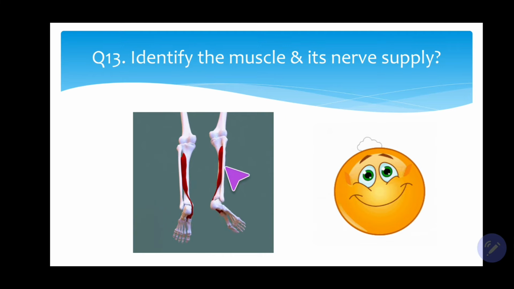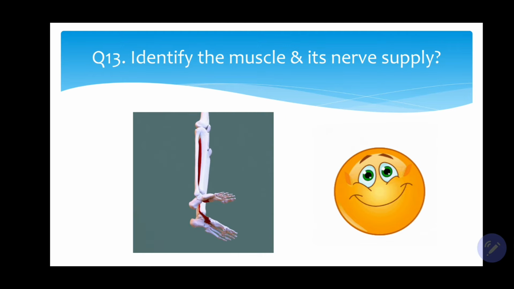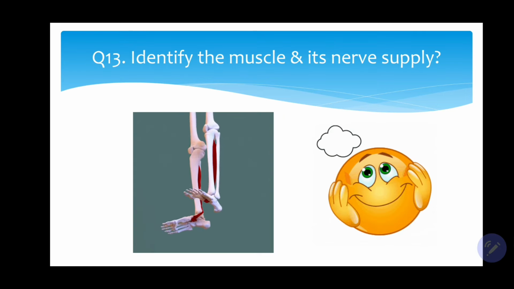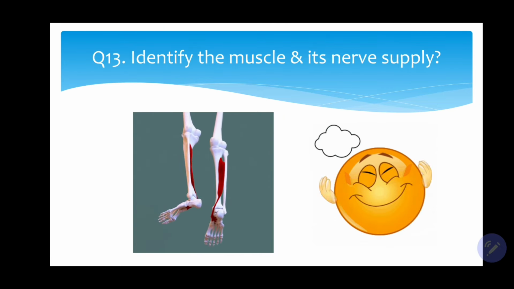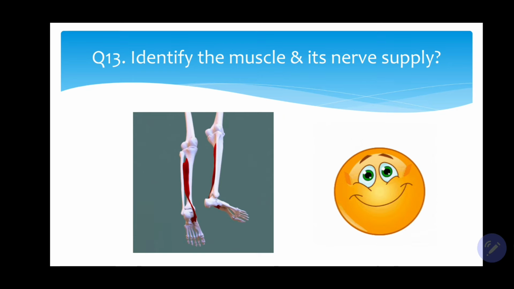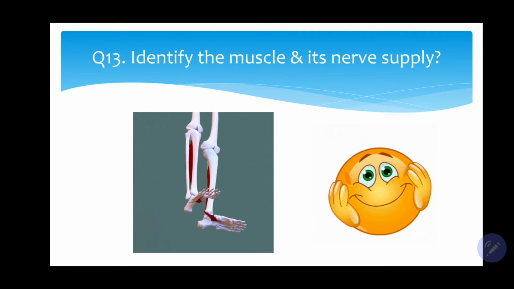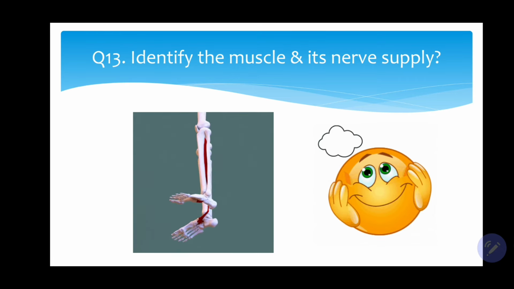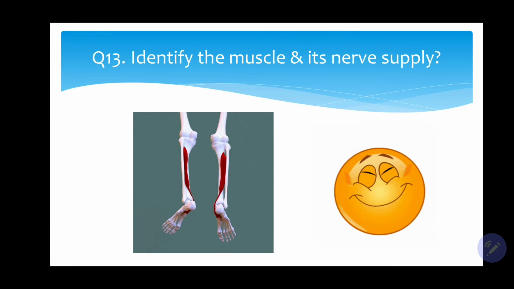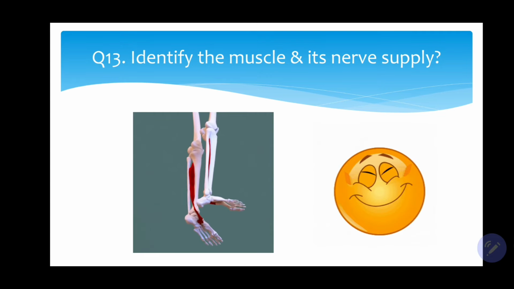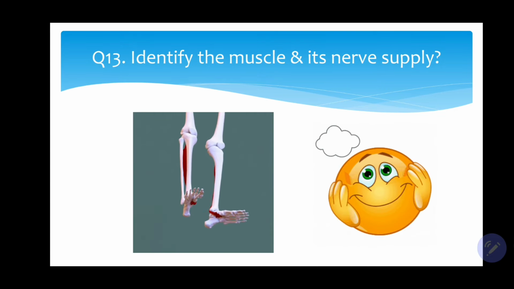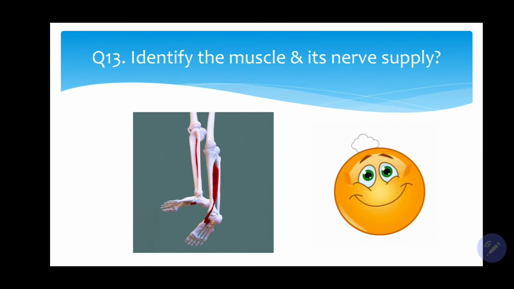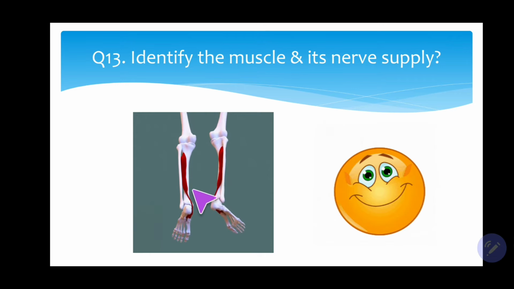So ideally, flexor digitorum longus should be the medial most tendon to emerge out, but it is tibialis posterior, because if you see in the back of leg, the medial most muscle there is flexor digitorum longus, and this muscle tibialis posterior is lateral to flexor digitorum longus.